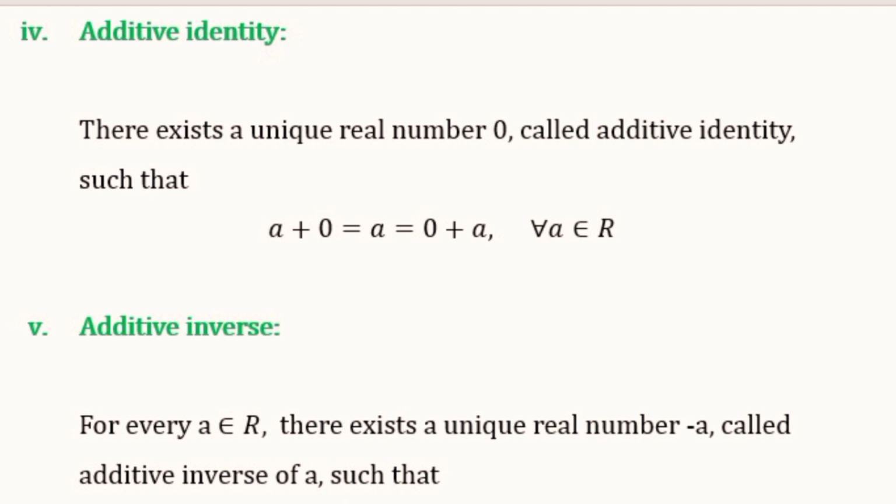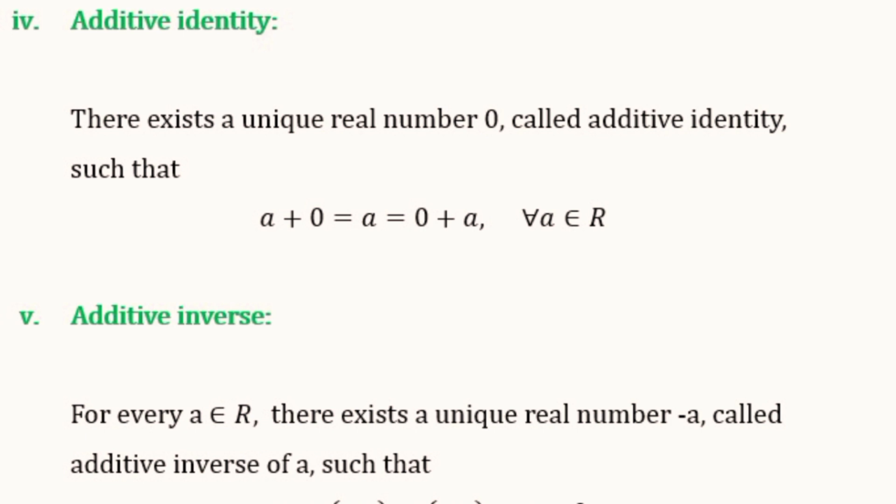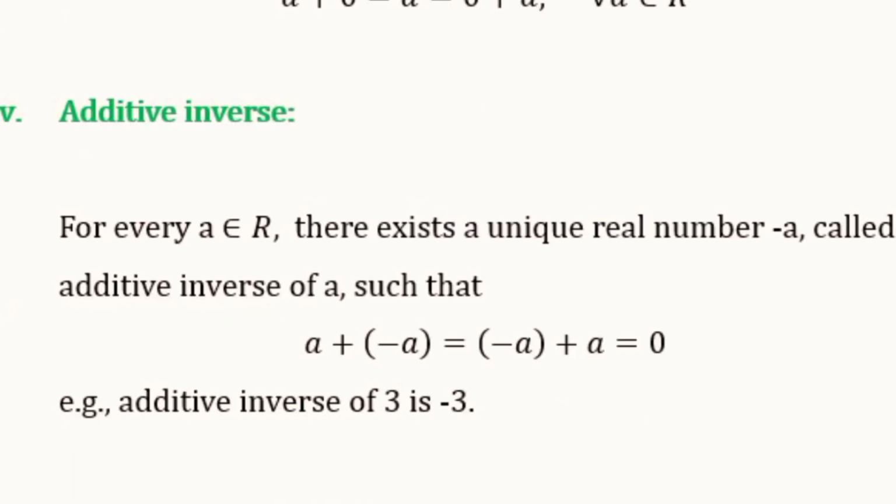Additive inverse. For any real number, there exists a negative of that real number, such that if we add them, we get 0, which is additive identity. Look at an example. Say we take 3 from real numbers, then there exists minus 3, such that 3 plus minus 3 is equal to 0, which is additive identity.